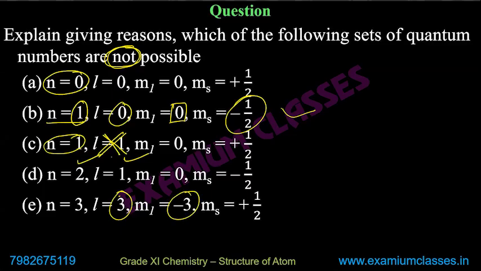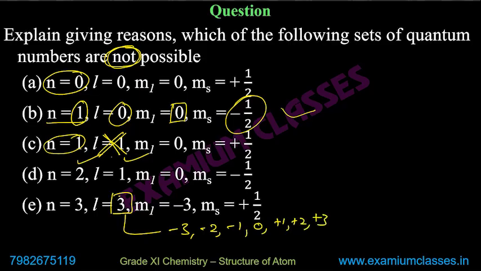However, you say this is not possible because if this is not possible, it is understood that this will not be possible. This is actually written based on this one. If L is 3, only then you can say these values can be -3, -2, -1, 0, +1, +2, +3, right? So this value is actually dependent on L.